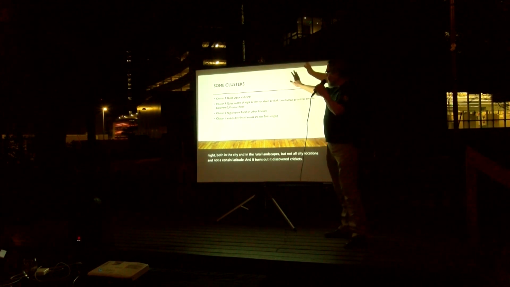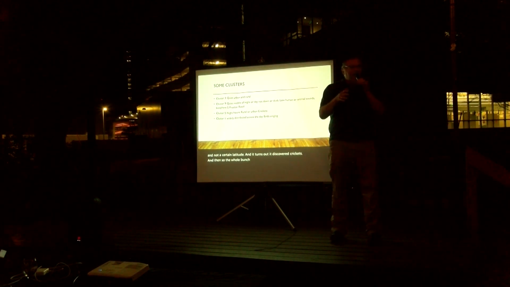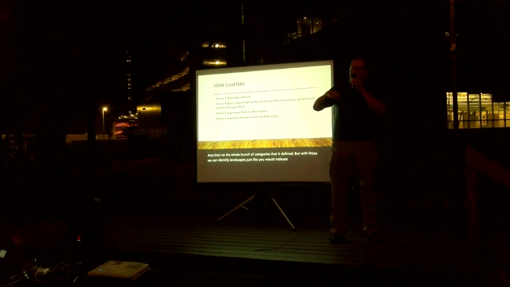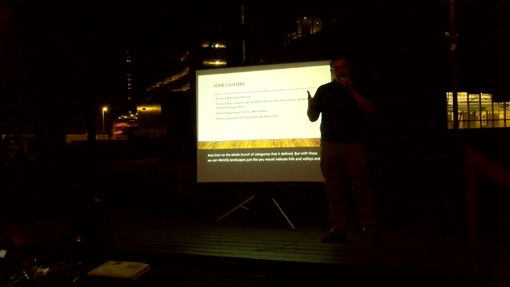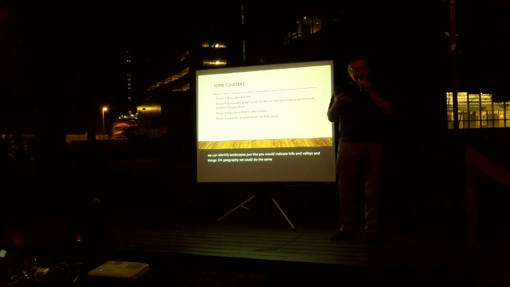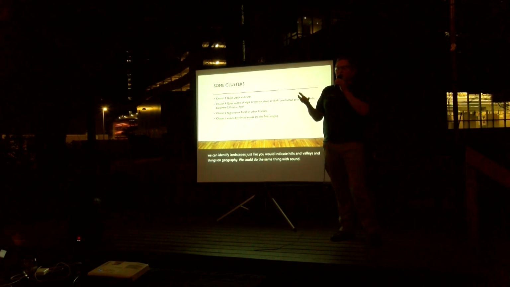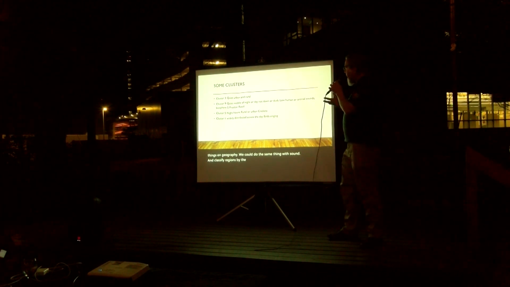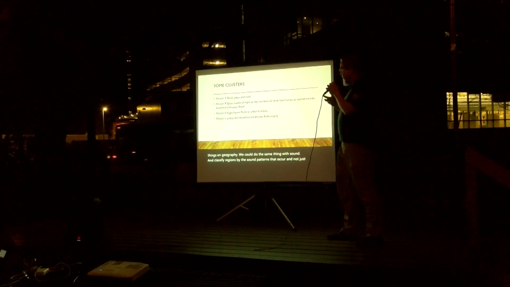So there's a whole bunch of categories that it defined, but with those, we can identify landscapes, just like you would indicate hills and valleys on geography. We could do the same thing with sound and classify regions by the sound patterns that occur, and not just the geographic features. Next.